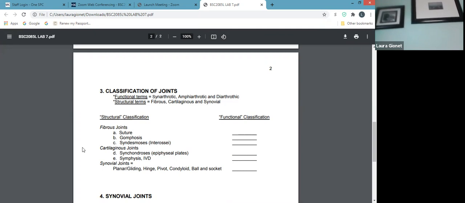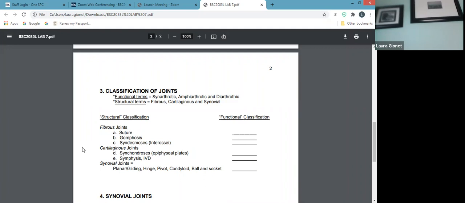So the functional classification describes how much movement occurs at that joint. If we're asking about the structural classification, then we're asking what kind of tissue holds these two bones together. Your possible answers would be either a fibrous joint, a cartilaginous joint, or a synovial joint, which is the most abundant.